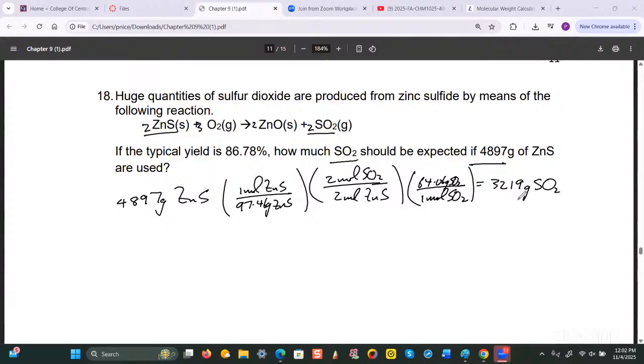So that's the mass that you expect to get. This here would be the theoretical yield, because on paper, like what we just did, this is the amount of product you expect to get.